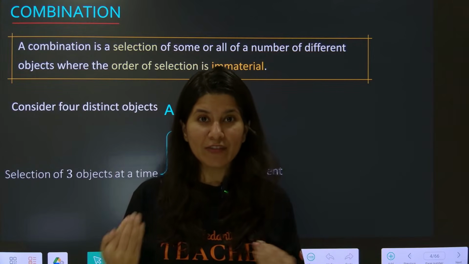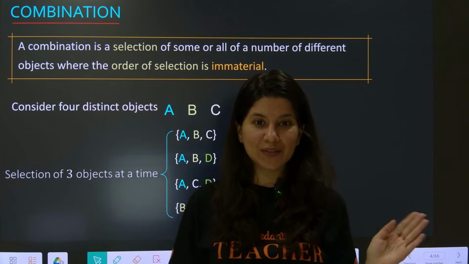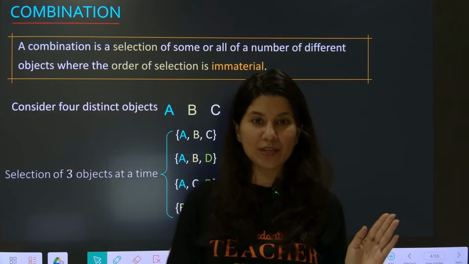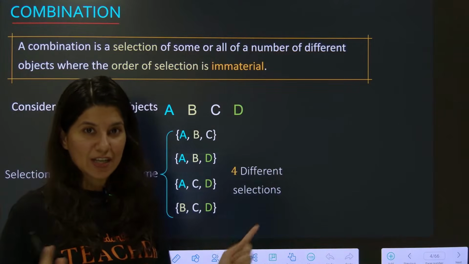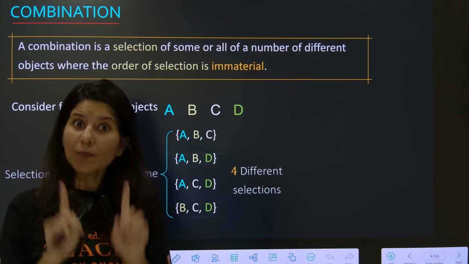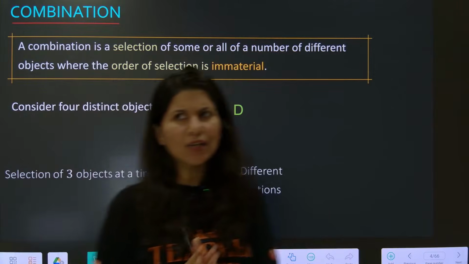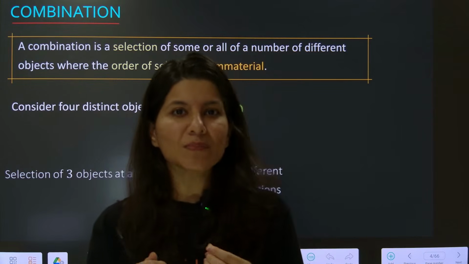If we switch, and I come here and Pritija comes here, it will be counted as a different scenario in permutation. Permutation means arrangement, but combination means selection.